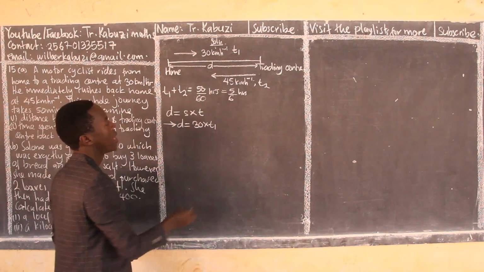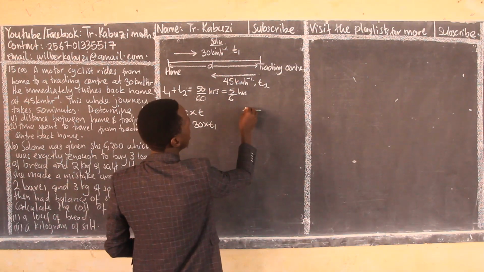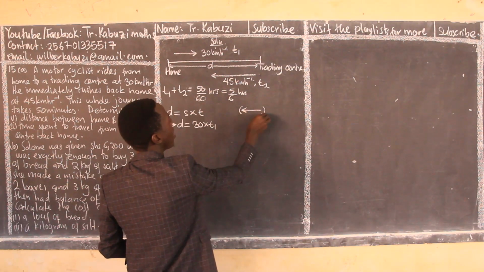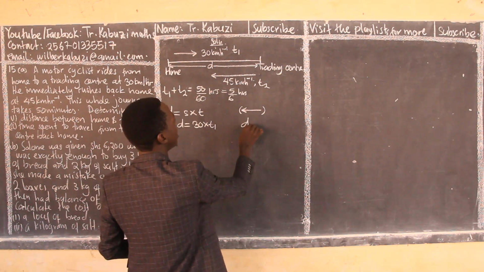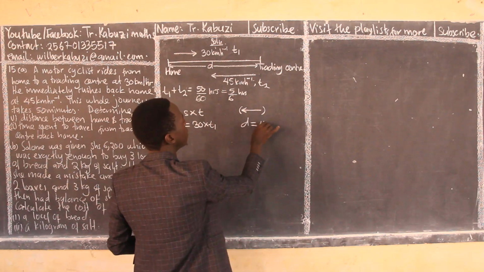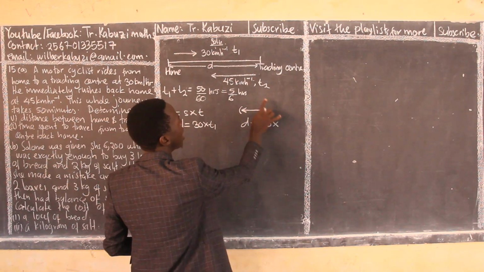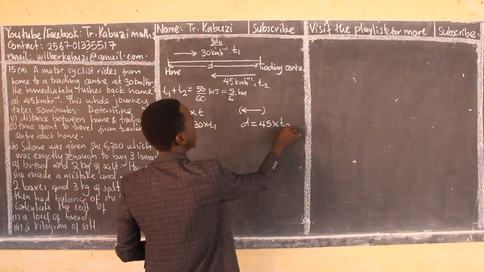So that's the first one. Then let me consider when he's coming back this side. Remember still, our distance is not going to change, it's going to remain D. So my D there will be still the speed, but this time the speed is 45 kilometers per hour, times the time, which we said let it be T2.